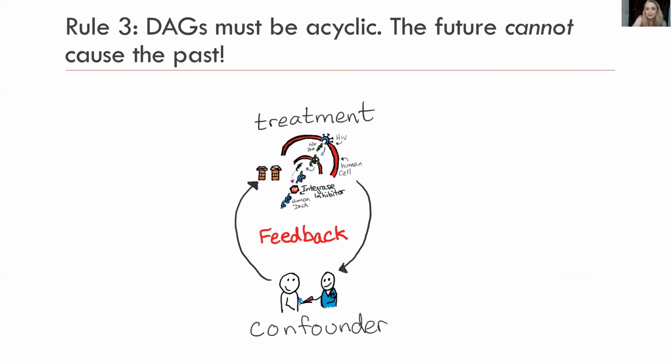The third rule is that DAGs must be acyclic, and that means that the future cannot cause the past. So in this graph right here, we have treatment at the top and some confounder at the bottom. And we're saying that that confounder, whatever it may be, for example, how serious your symptoms are, causes treatment decisions to be made, and that the treatment itself affects the value of that confounder.